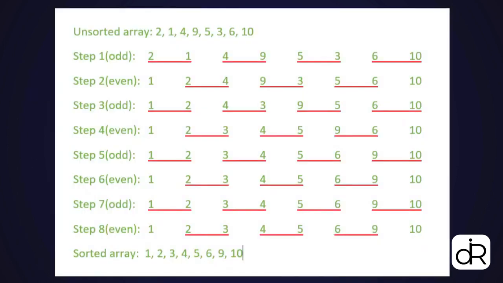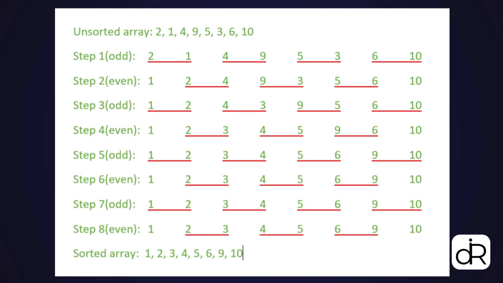This figure explains well what's going on in the background. So imagine we have this unsorted array: 2, 1, 4, 9, 5, 3, 6, 10, some random numbers. In step 1, we're going to start with odd. When we say odd, it's starting from the first 2 elements, comparing them.